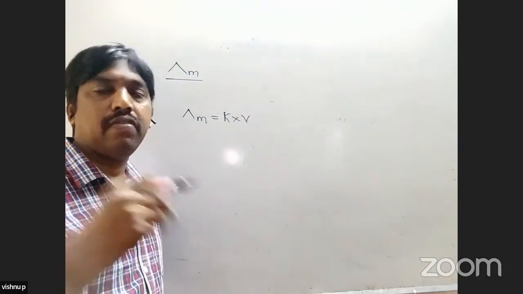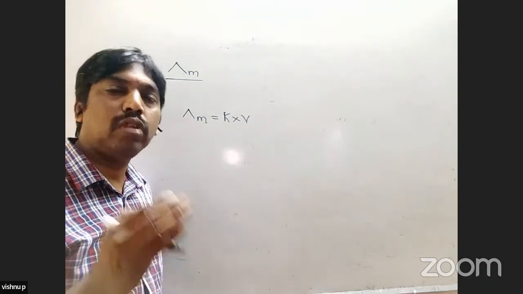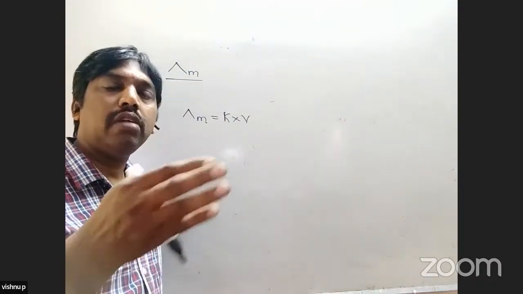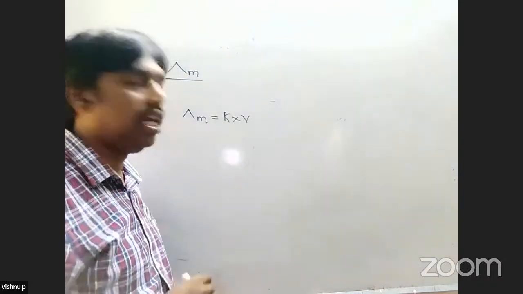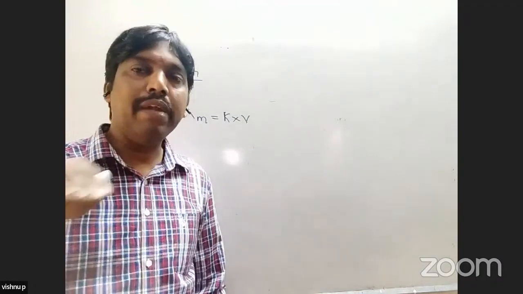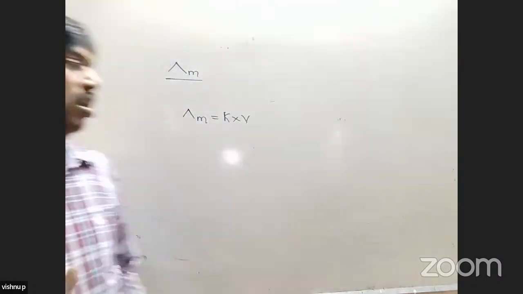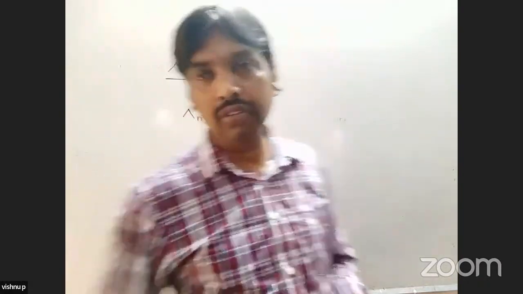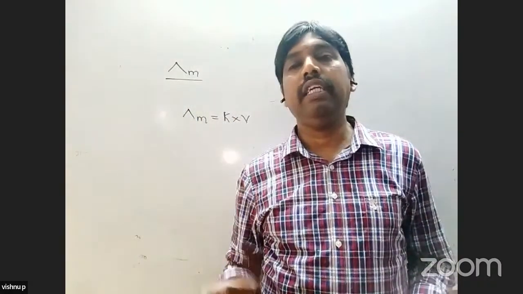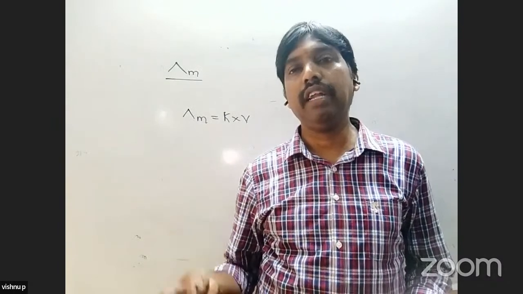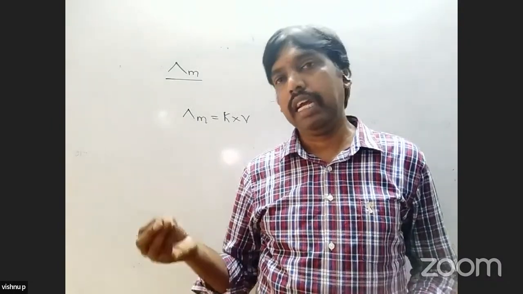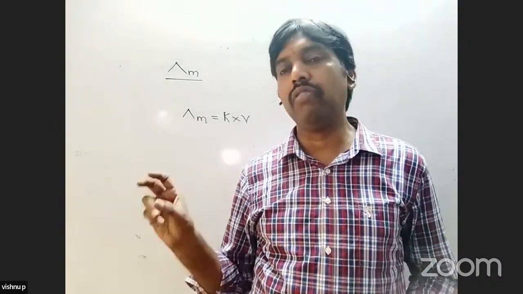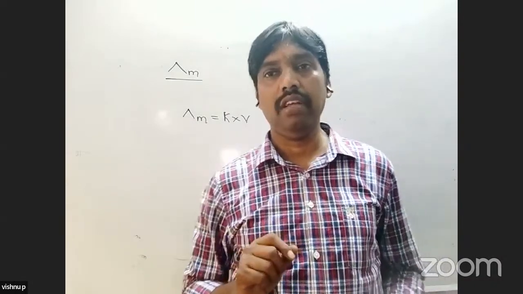It is a large enough area of cross section so that the whole solution, the total electrolytic solution, is present in between two electrodes. In specific conductivity, the area of cross section of electrodes is fixed, concentration we don't know, the distance between electrodes is fixed, and volume is also fixed.